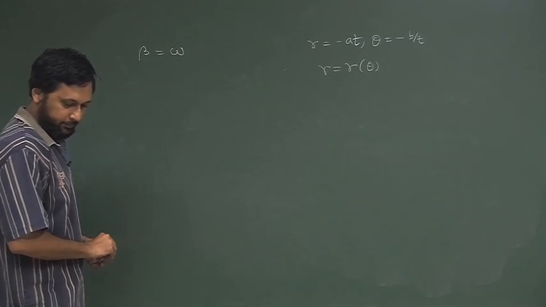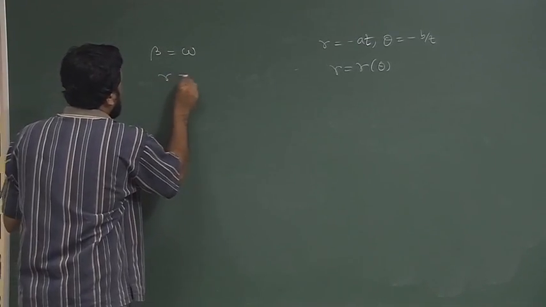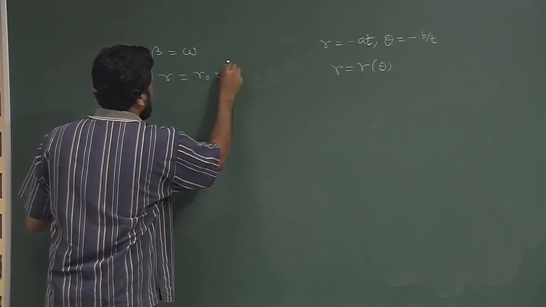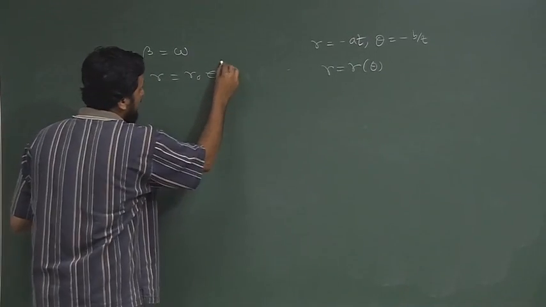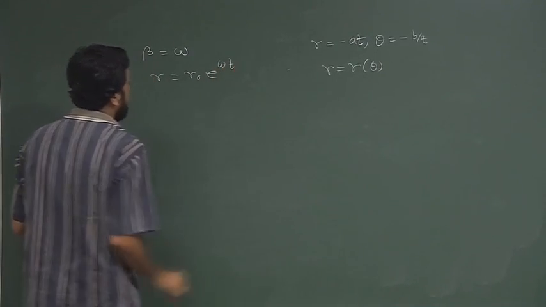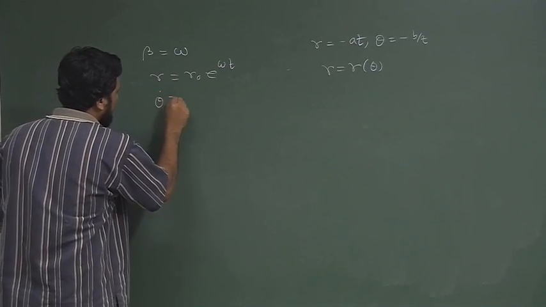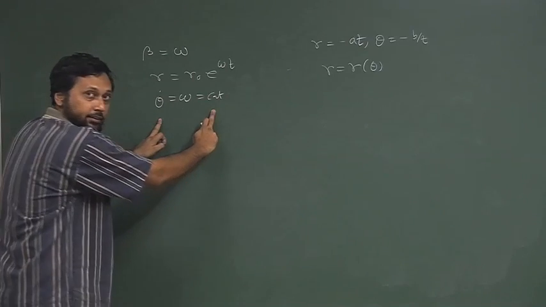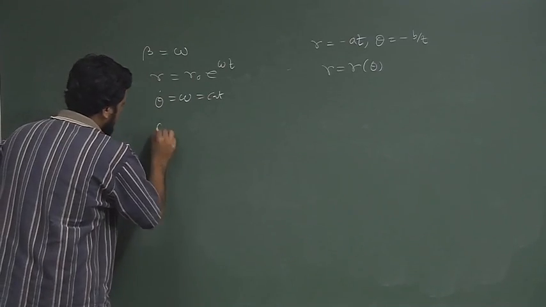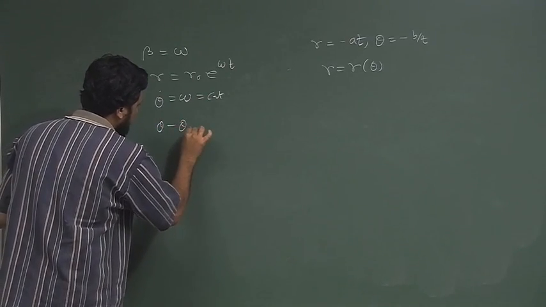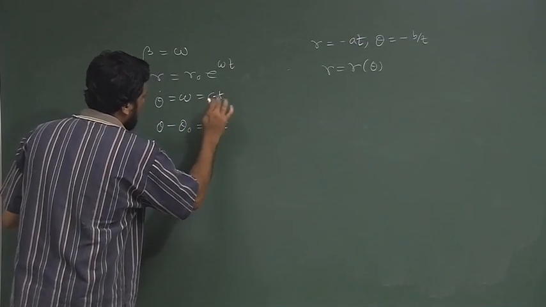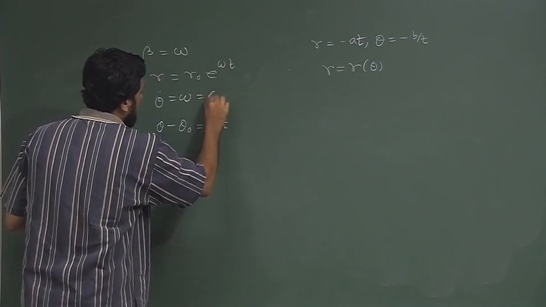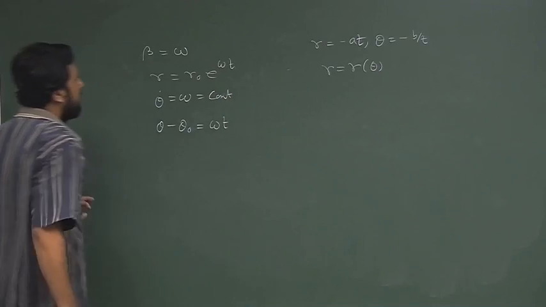r is equal to r 0 e to the power beta t. Now, it will be r 0 e to the power omega t, and theta dot is equal to omega, equal to a constant. Now, if we integrate this equation, we get theta minus theta 0 is equal to omega t. Okay.